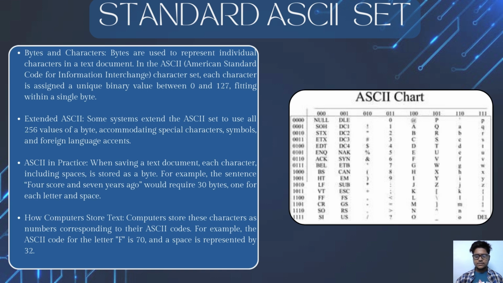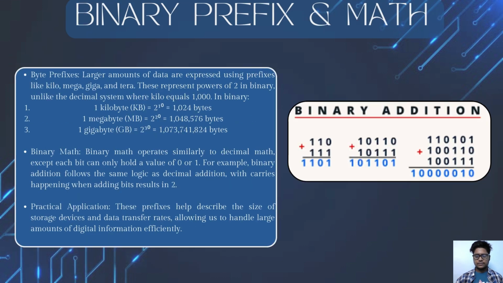The letter A is represented by the binary number 01000001 or 65 in decimal. ASCII uses 7 or 8 bits to represent a character, allowing computers to store and handle text in files, memories, or when transmitting data.